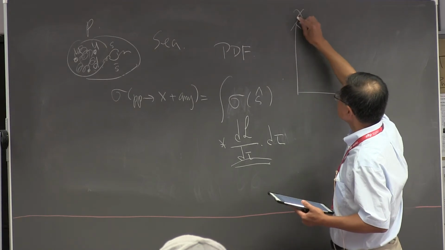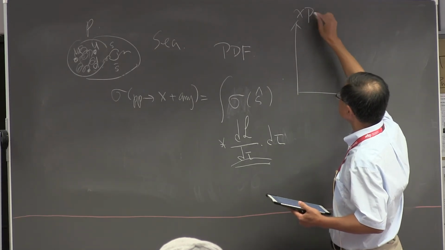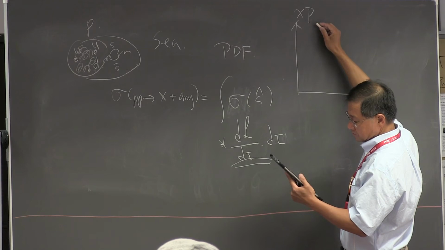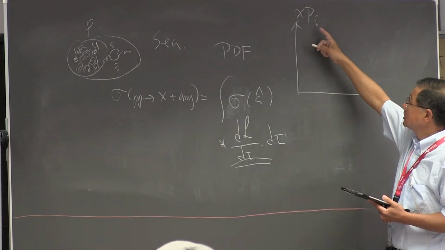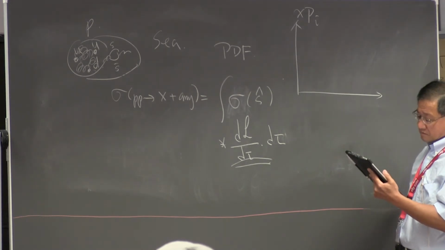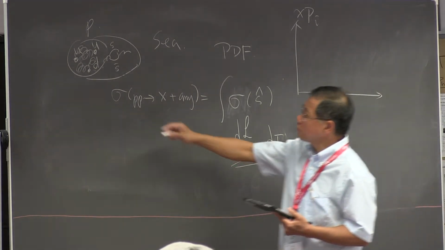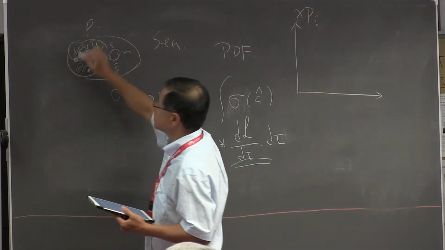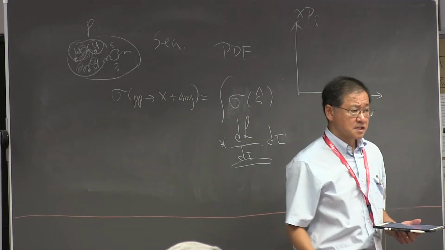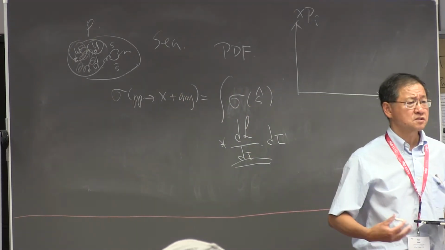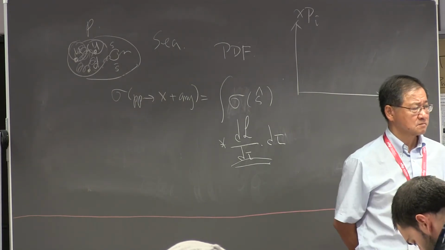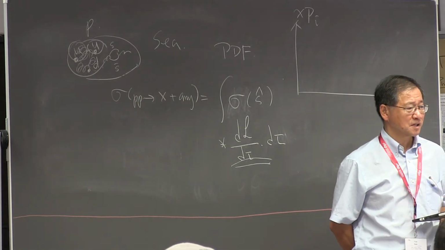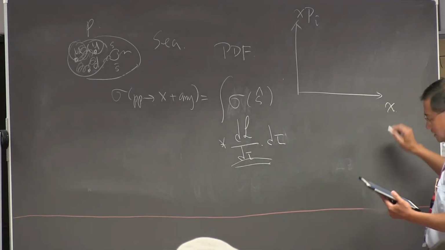Let's say the momentum distribution, the probability of a parton, whatever parton, quarks and so on, as a function of momentum fraction. Have a guess what the U quark would look like. They contribute at very low energy. They contribute the major quantum numbers, about one-third of the proton momentum each. This is the momentum energy fraction.